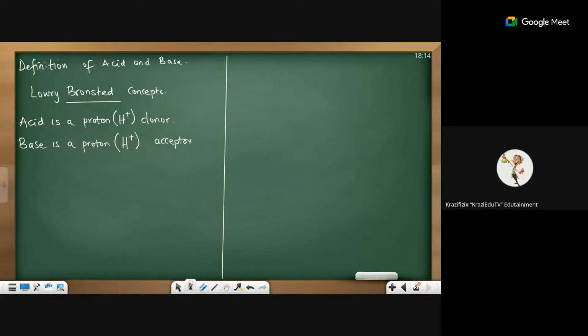Quickly, what happens when an acid donates a proton? I just want to quickly look at some equations here with you. Let's look at examples. HCl, that is an acid. So we're going to get used to the names: hydrochloric acid.